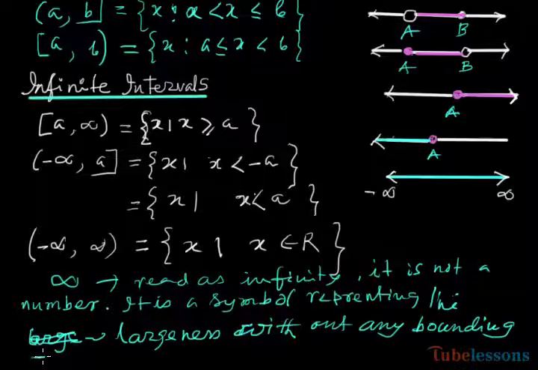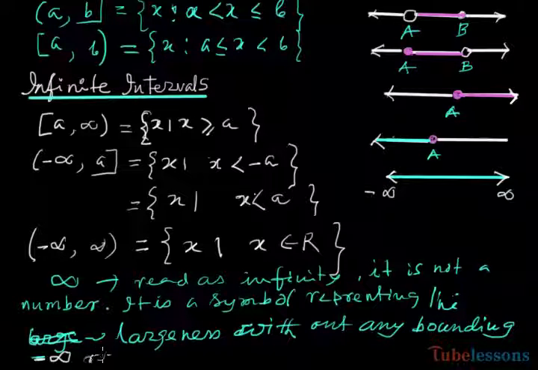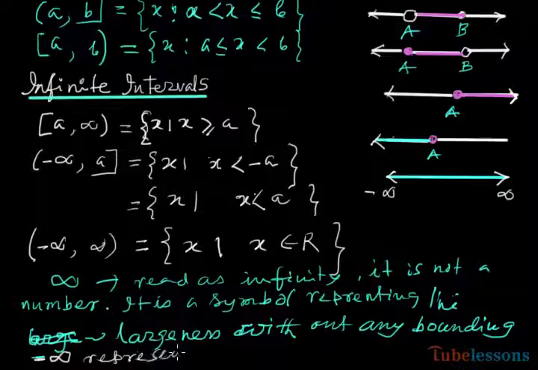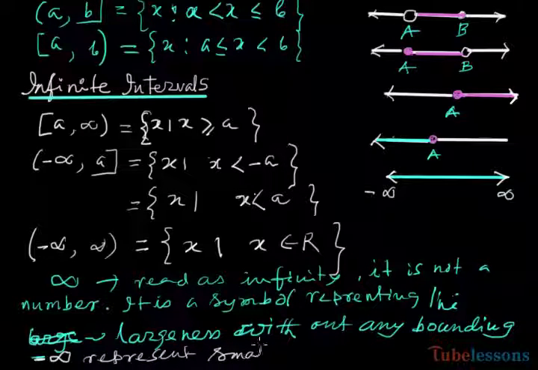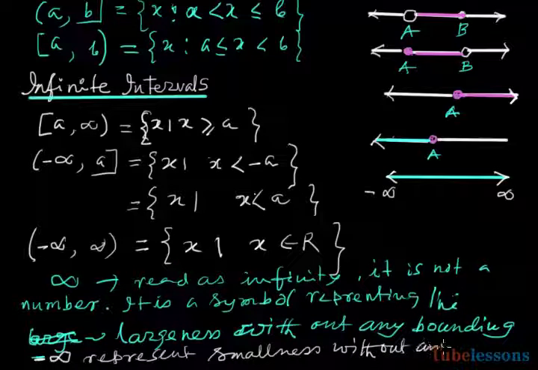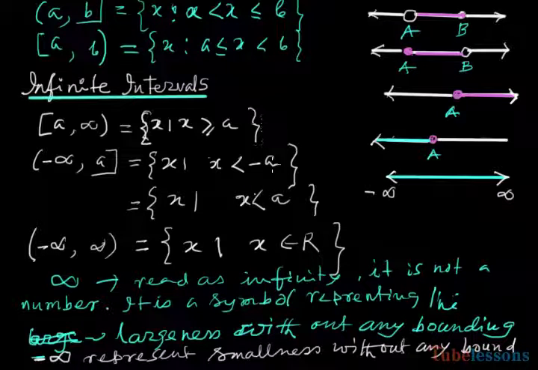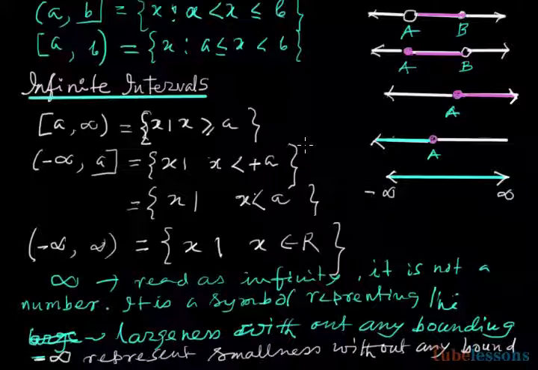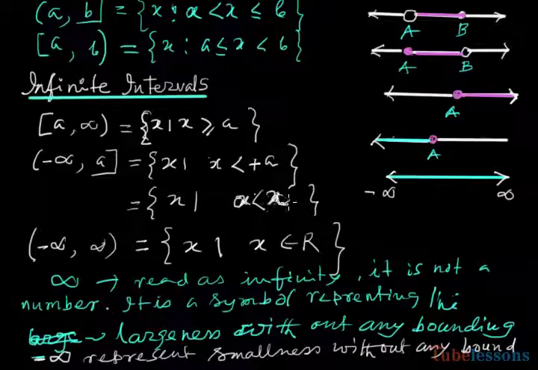Similarly, minus infinity represents smallness without any bound. Sorry, it is plus. This is A and this is X.